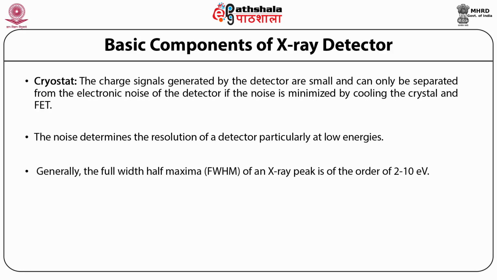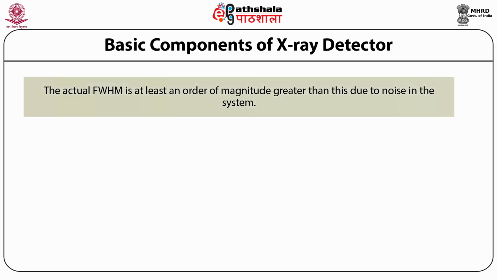Generally, the full width half maximum of an X-ray peak is of the order of 2 to 10 electron volt. The actual FWHM is at least an order of magnitude greater than this due to noise in the system.